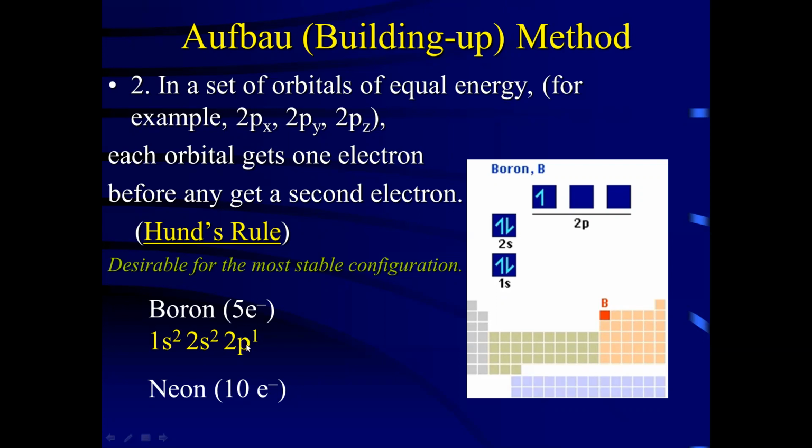We will put it onto the p orbital, like this for boron. And I will show you the video. The video shows you how to fill the electrons for boron and continue with carbon, oxygen, and until neon. Please watch this video.